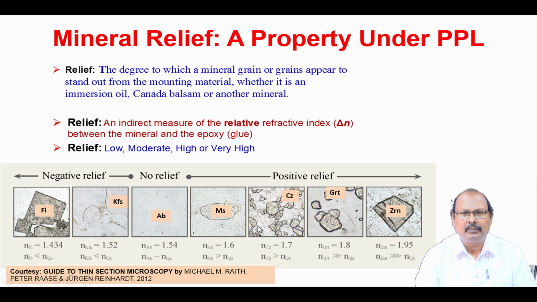And this is a mineral with a refractive index of 1.7. This is muscovite, 1.6. You see this standout feature progressively decreases, and when it is albite, which is very close to that of quartz, the outline is gone. And there are minerals which have very low relief here. We call it negative relief for those minerals. The examples here are potash feldspar and fluorite.